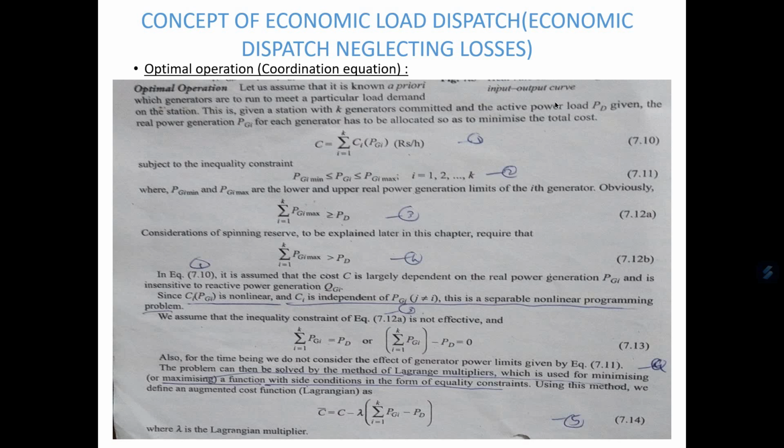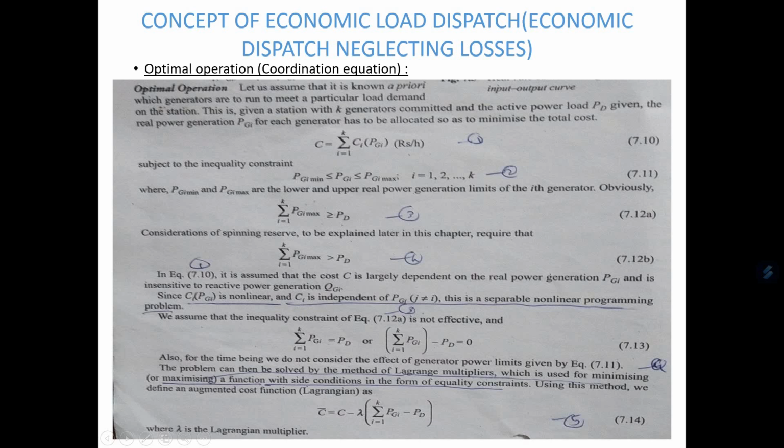I am referring to the book Electrical Power System Analysis by Nagrath Kothari for this derivation. At the end of the derivation, we'll discuss the condition for economical load dispatch neglecting the transmission losses. Regarding this derivation, first of all, we'll write down the fuel cost equation.